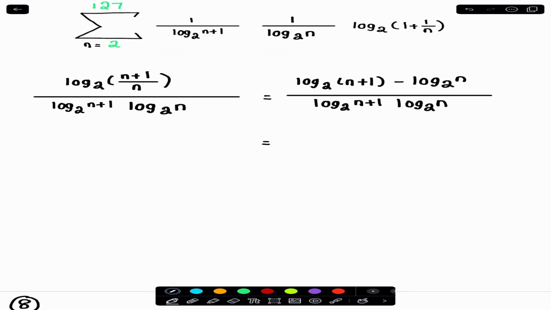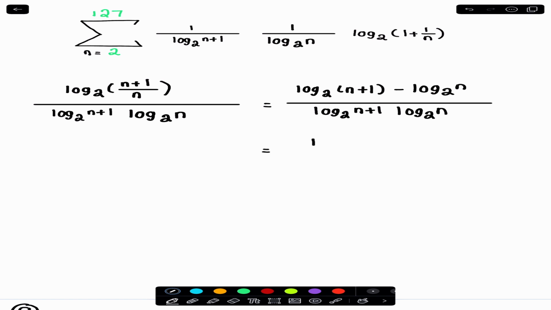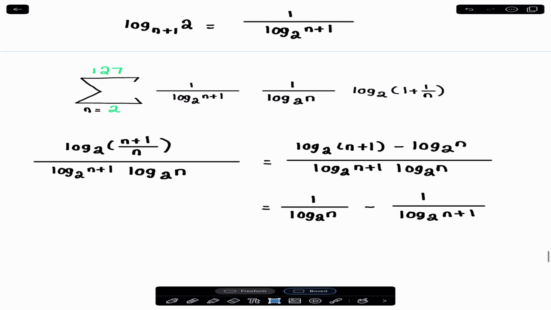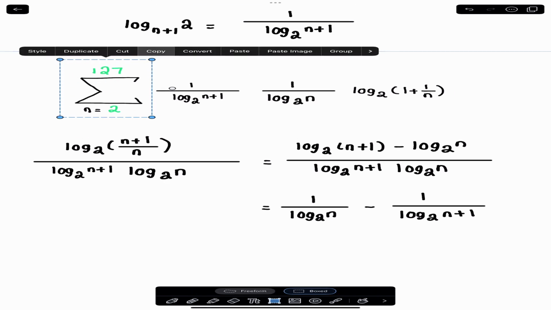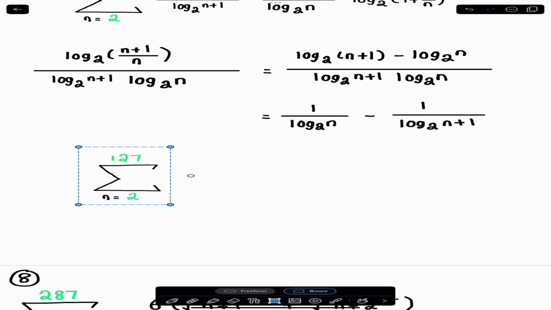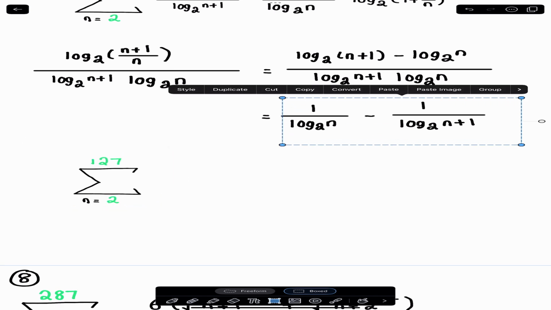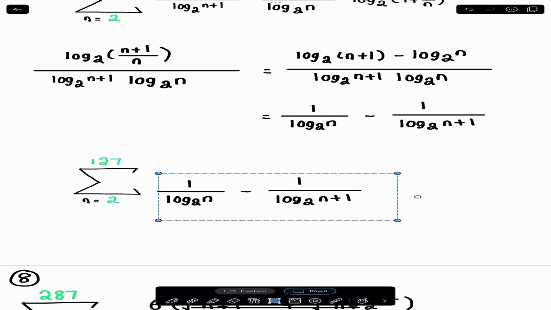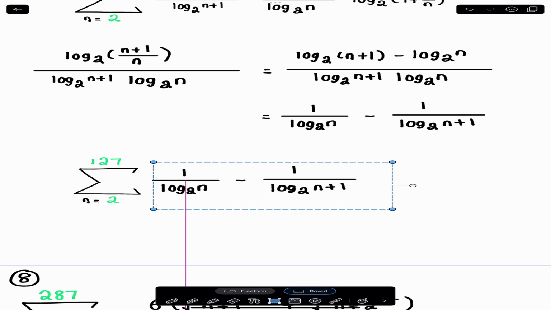And now we can split these fractions up. This means we can rewrite everything like this. So this is the sum that we need to evaluate.